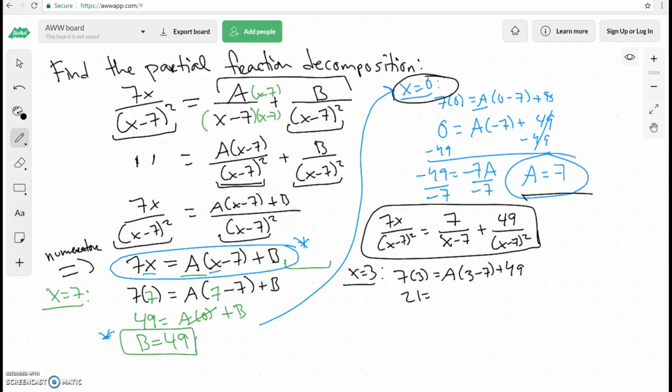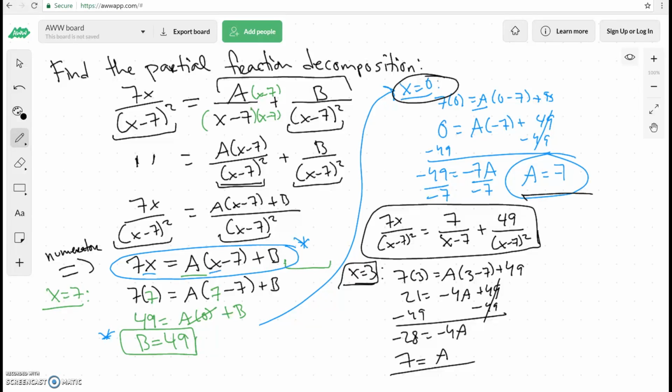So 21 equals negative 4A plus 49. Subtract the 49 over, so I get negative 28 equals negative 4A. When I divide by negative 4, notice that I still get 7. So it doesn't matter what number you plug in. You're always going to get the same thing.